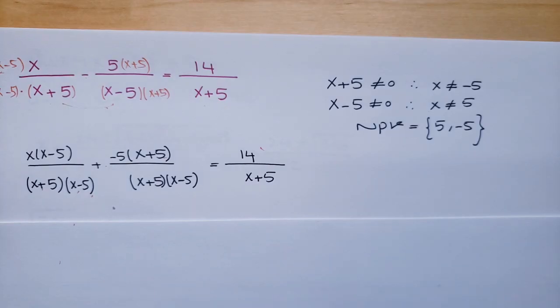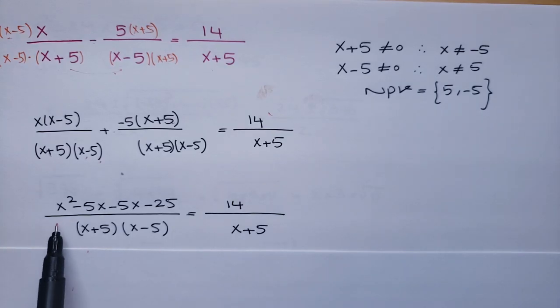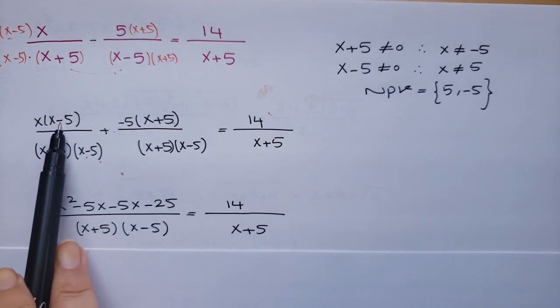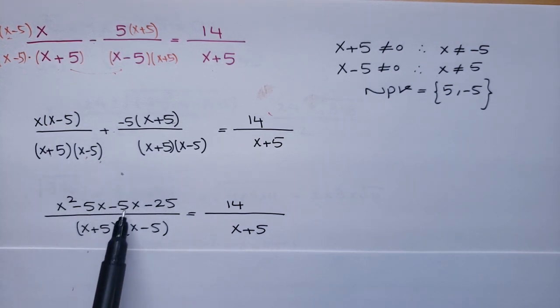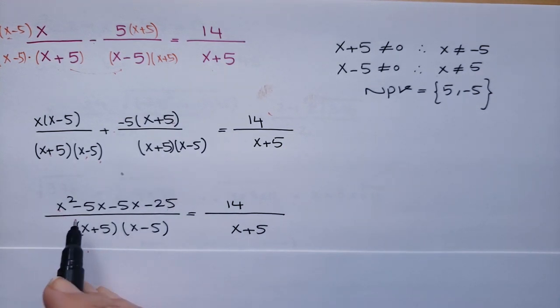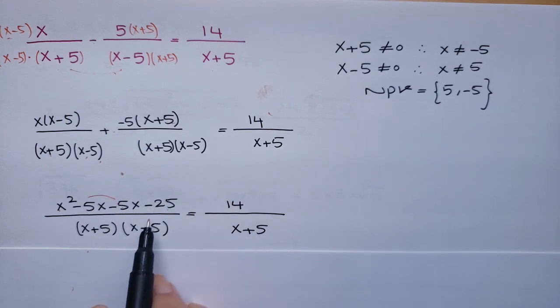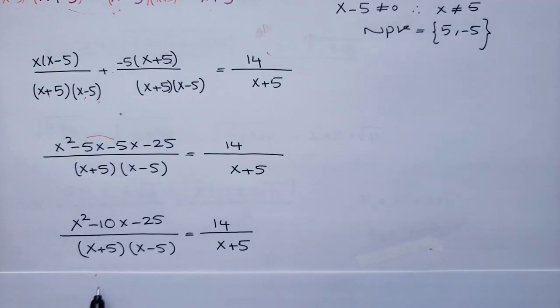So at this point, I'm trying to have one fraction on each side so I can use the cross multiplication tool. I'll do simplification. So this side, I would have x squared minus 5x minus 5x plus negative 25. So here x squared, but here that would be negative 10x negative 25 equals 14. Now at this point, I have one fraction on this side, one fraction on this side, and it's eligible for the cross multiplication method.